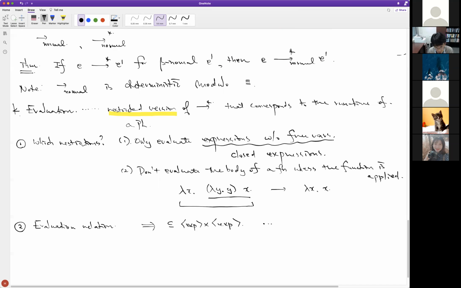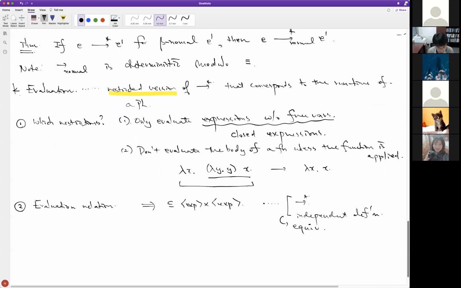We will define it using the contraction, the reduction that we just defined, but also we will define it separately. And then they are both equivalent. So that's what we're going to do.